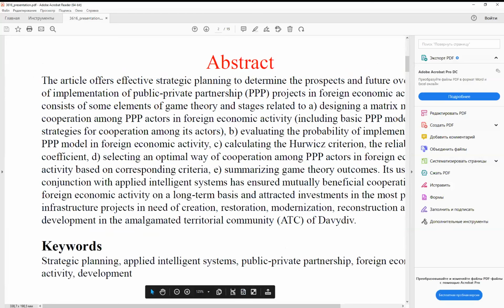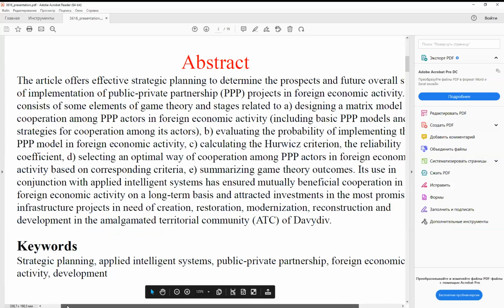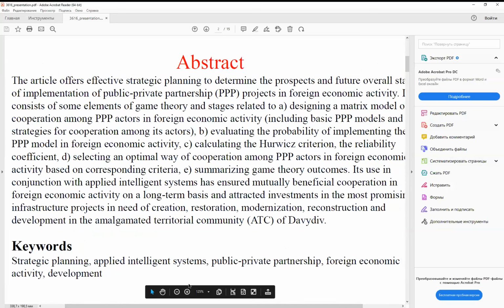Abstract. The article offers effective strategic planning to determine the prospects and future overall state of implementation of public-private partnership (PPP) projects in foreign economic activity.